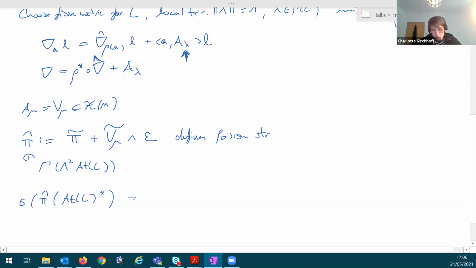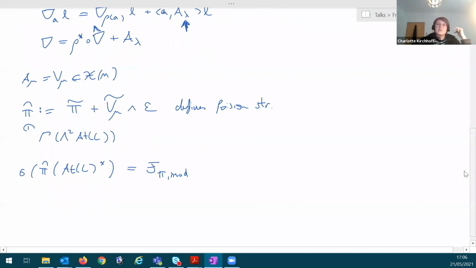That is precisely the modular foliation of pi. So the pi hat is a Poisson structure on the module that encodes the modular foliation.